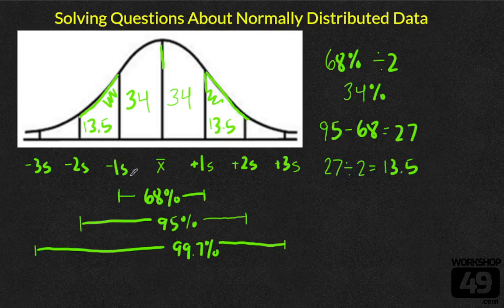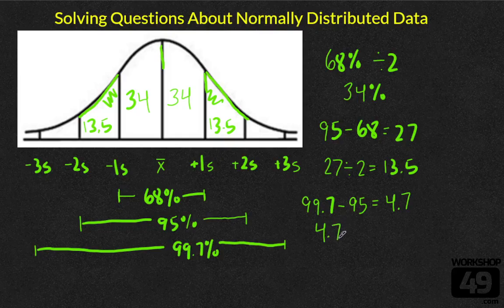If you wanted to, you can go ahead and add these up. 13.5 plus 34 plus 34 plus 13.5 has to equal the 95. And just like that, that's how we're going to get this 99.7%. Because if I want to find these new little regions out here, we just have to take the 99.7 and subtract the 95. It's going to equal 4.7. Once again, same little trick.